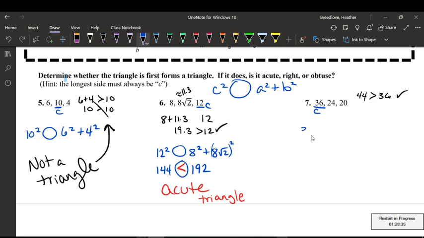So now we can do 36 squared blank 24 squared plus 20 squared. 36 squared is 1296.